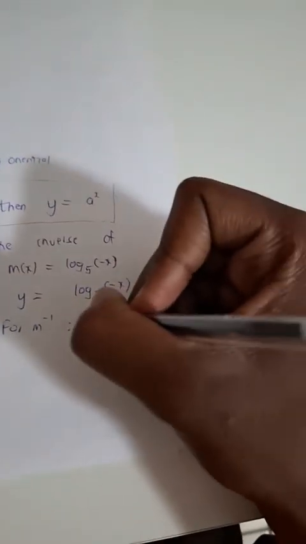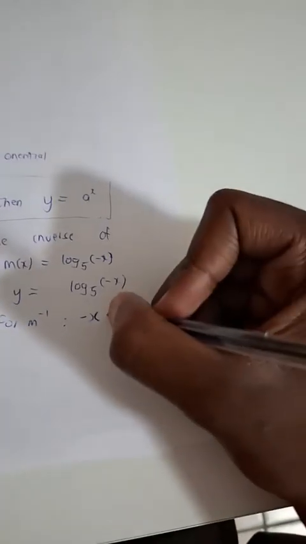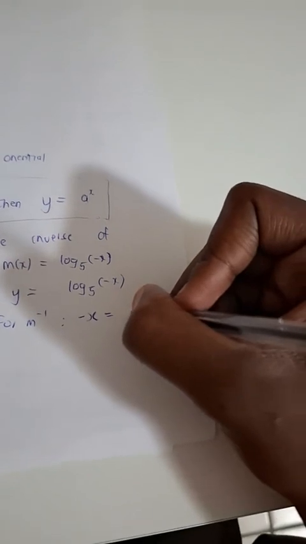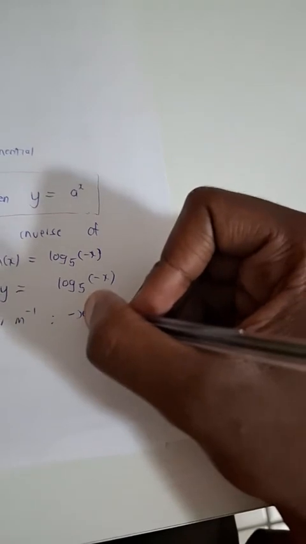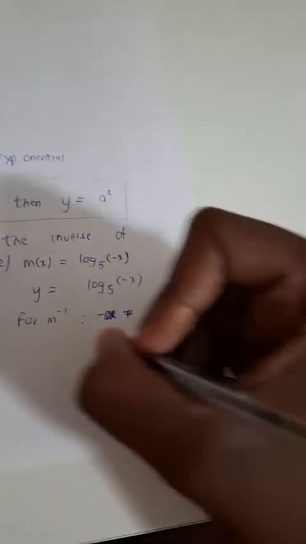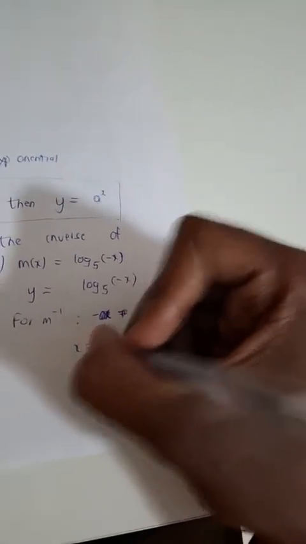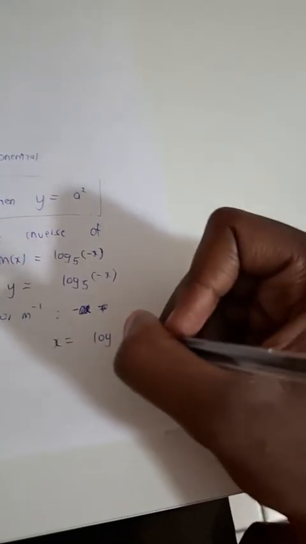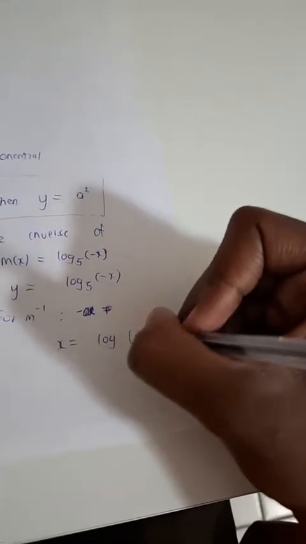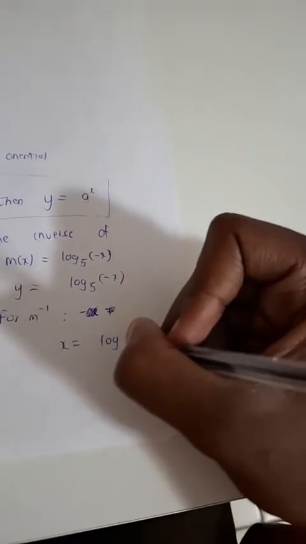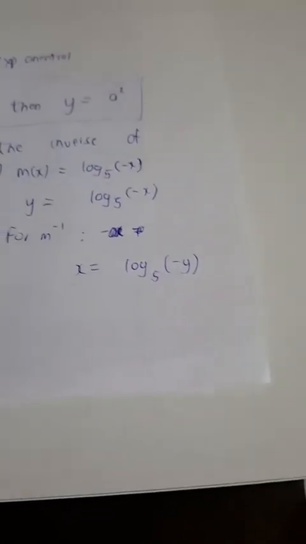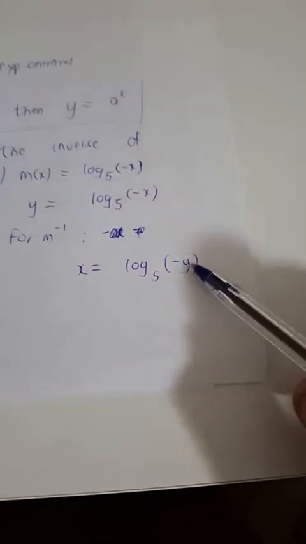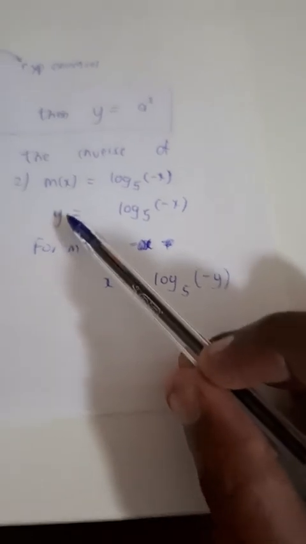X is equal to log negative y base 5. Okay, so I nearly butchered that one because we swap x and y, right?